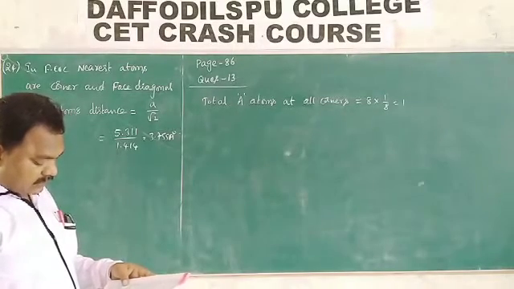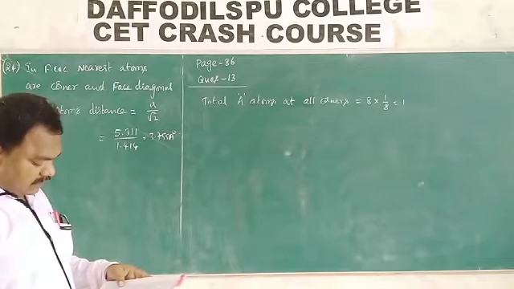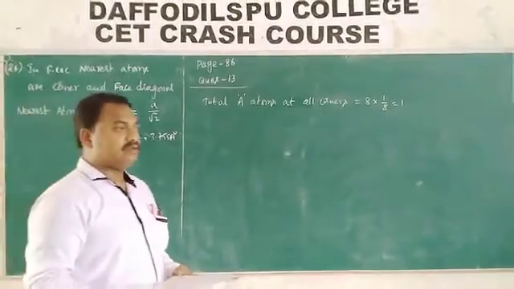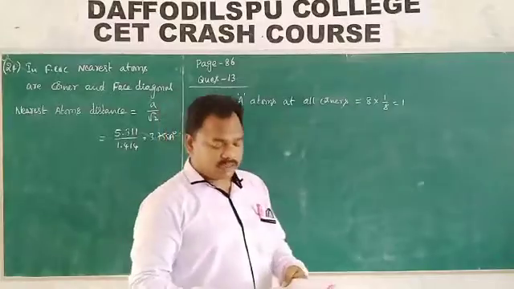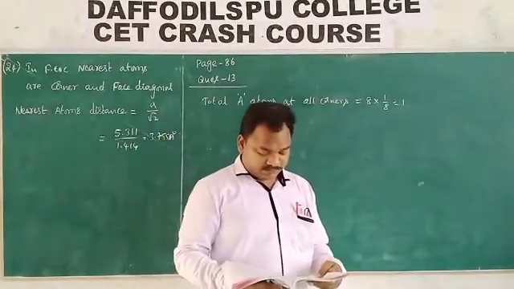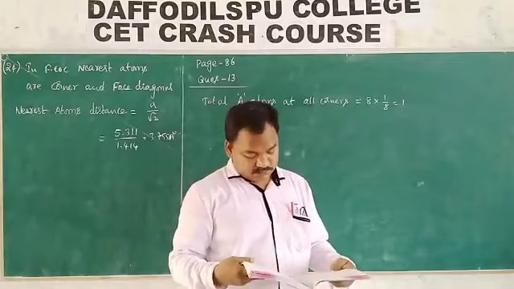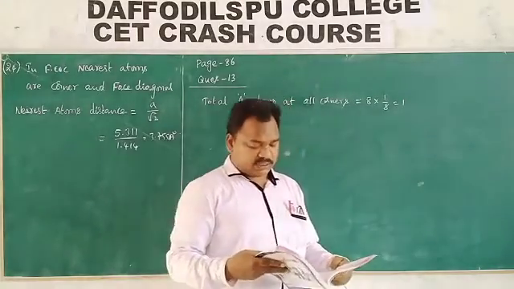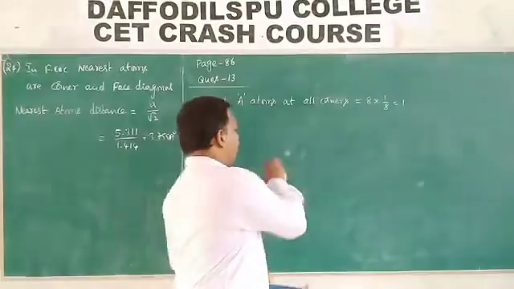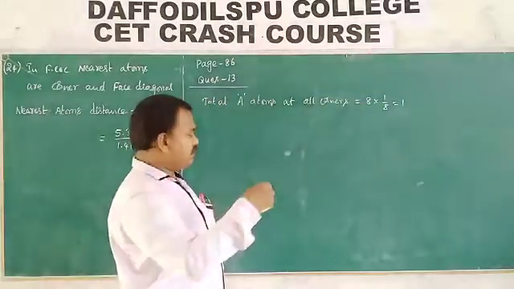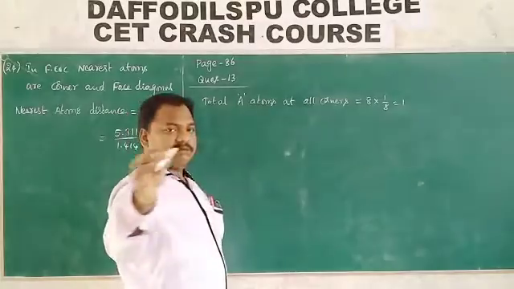If all the face centered atoms along one of the axes are removed, how many faces are there? 6 faces are there. They are saying all the face centered atoms along one of the axes are removed. So this face and that face, these face centered atoms are removed.